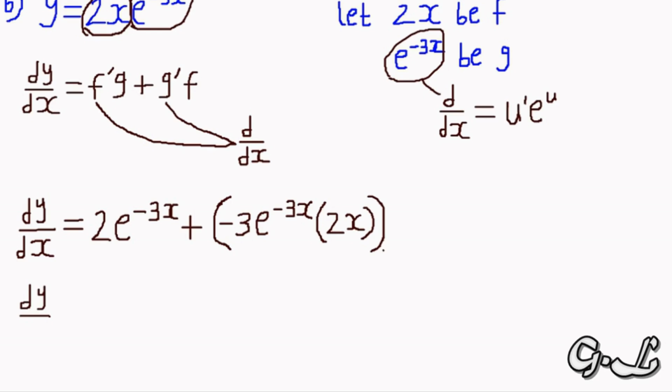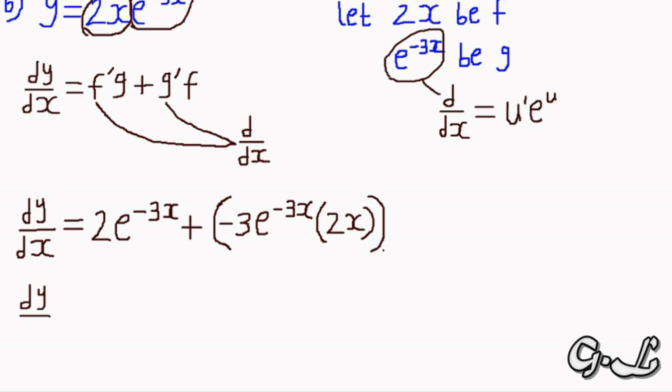So how do we differentiate such expressions? The way we differentiate such expressions is that we have to say u prime e to the u. Which one is our u? Our u is negative 3x.